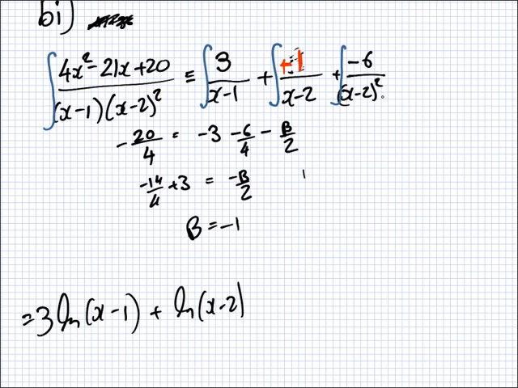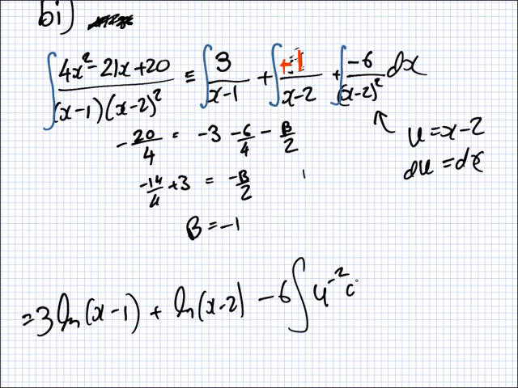And what substitution will we use for that guy? Yeah, so there's a dx there actually. What does du dx equal? 1. So what does du equal? dx. So this is minus 6 integrate u minus 2 du.